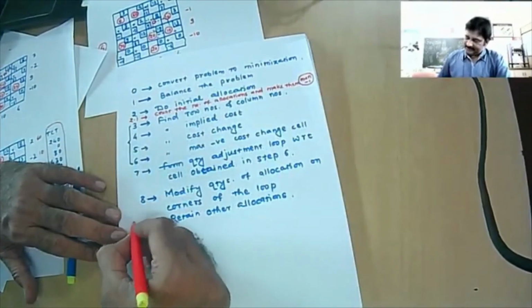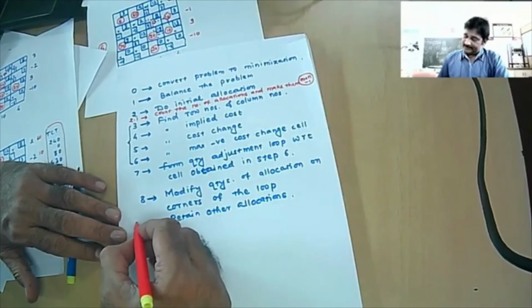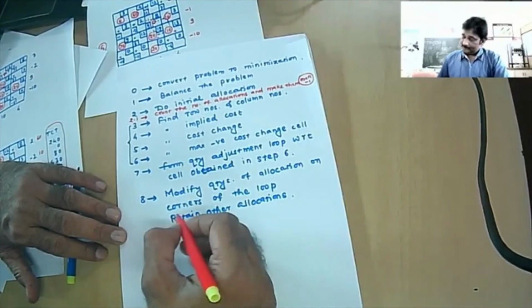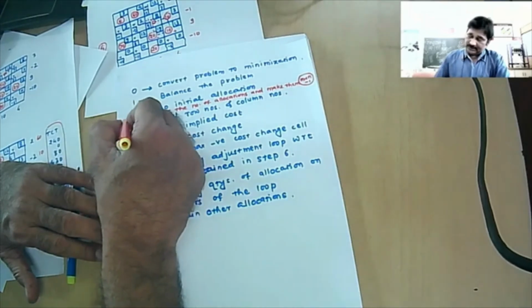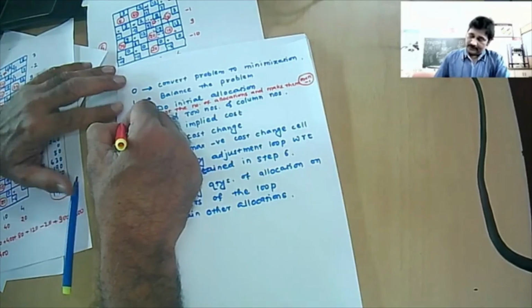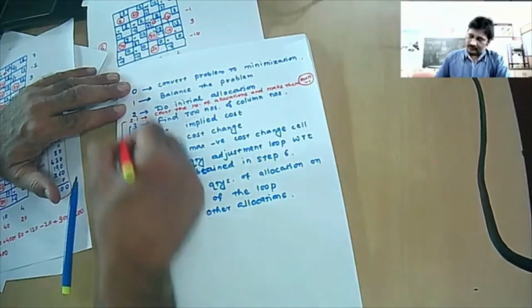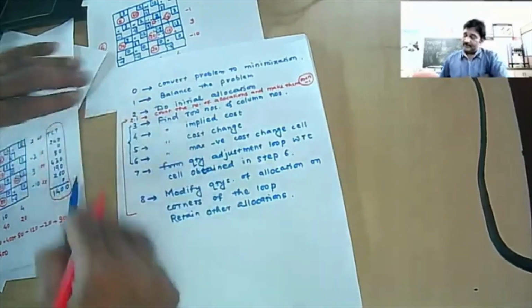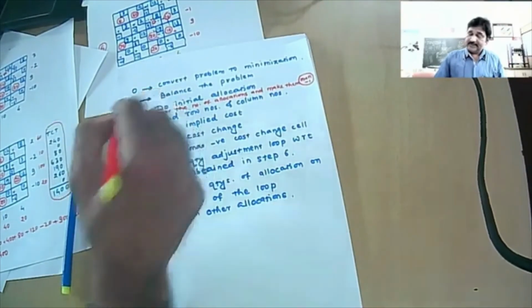So after the 8th step, you will be going to step number 2.1. After modification, there might be the danger that the number of allocations has reduced.